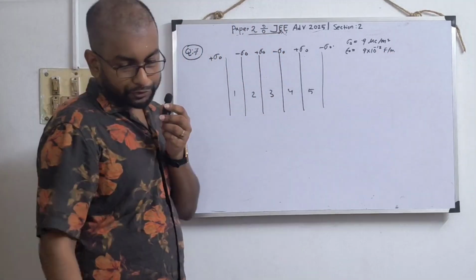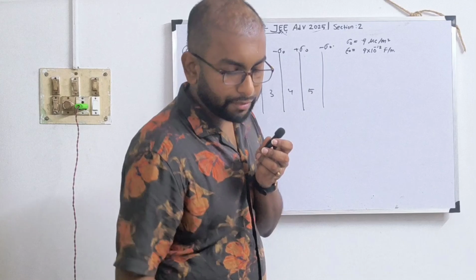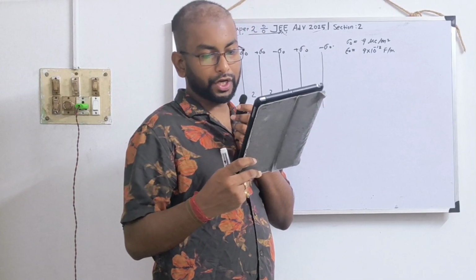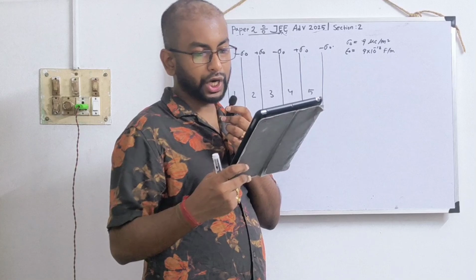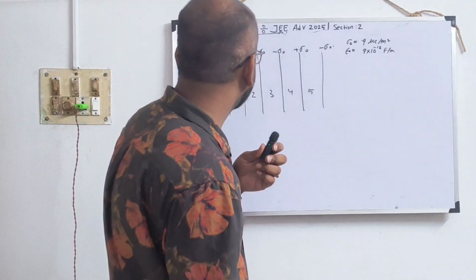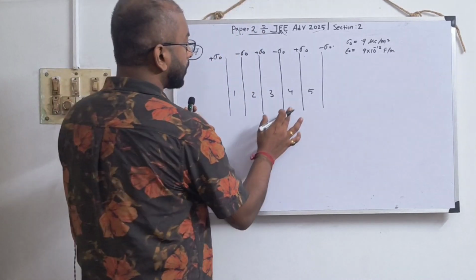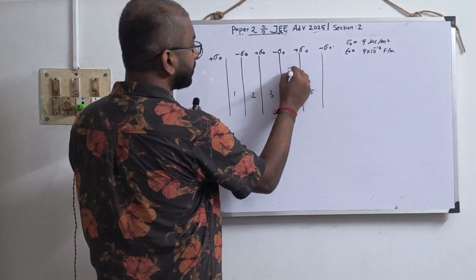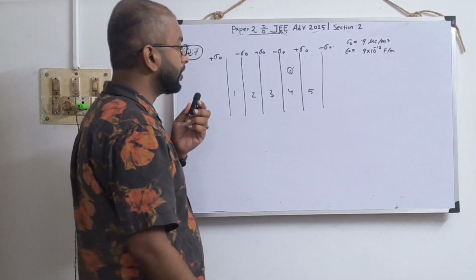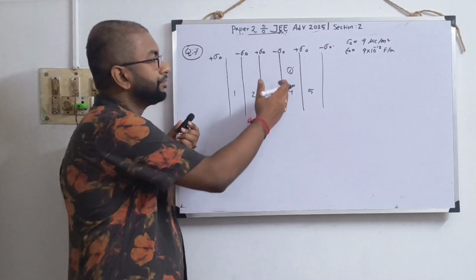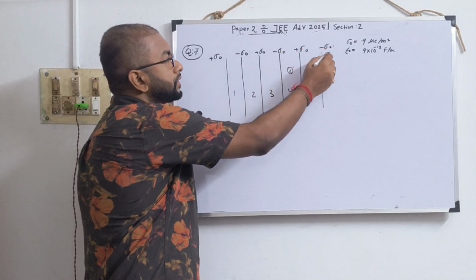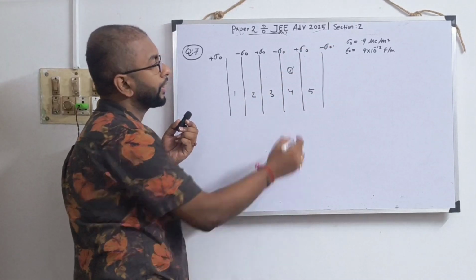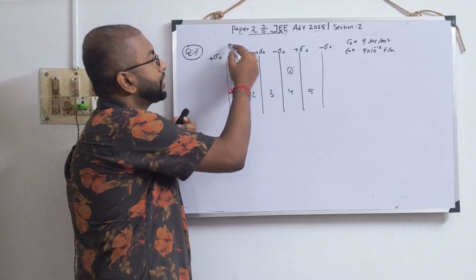So first option we have to examine, that is in region 4 of the configuration the magnitude of the electric field is 0, it is given. So let us study that option. Okay, this region they have told what is the value of the electric field. Now see, this region right hand side the total charge is 0 and left hand side the total charge is 0.